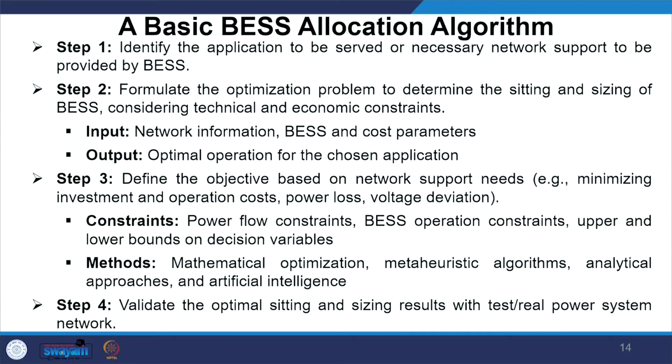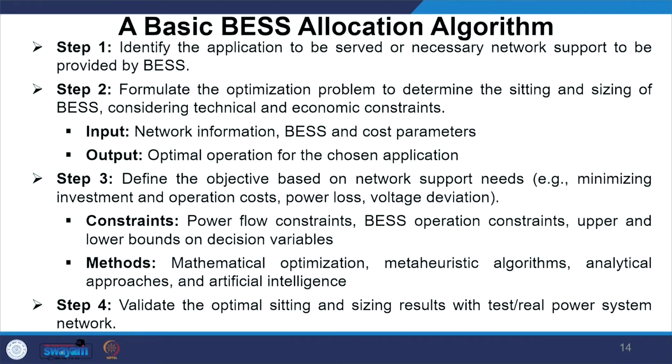Now moving to the next step, define the objective based on network support needs. Example, minimizing investment and operation cost, power loss and voltage deviations. The constraints such as power flow constraints, battery energy storage system operation constraints, upper and lower bounds on decision variables.